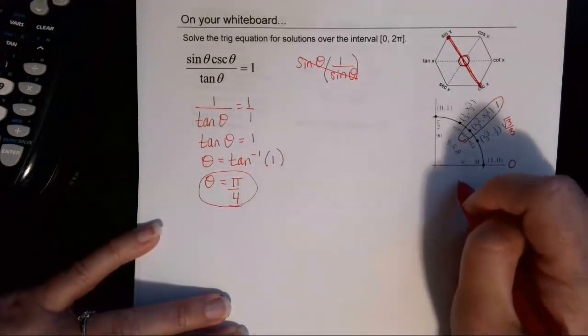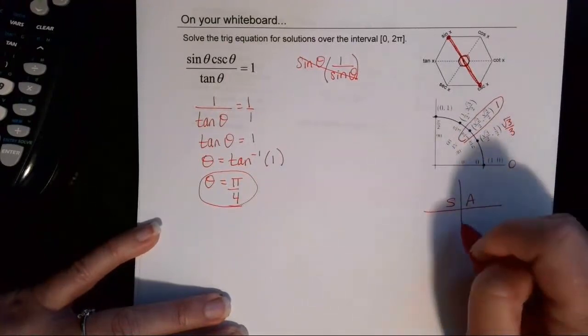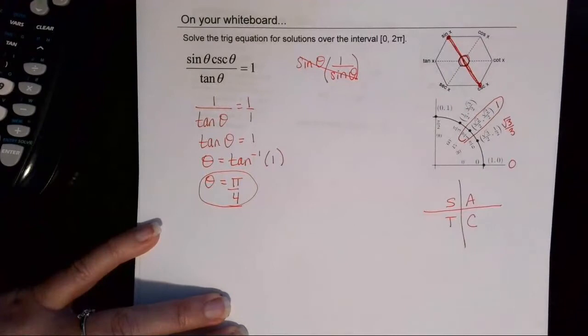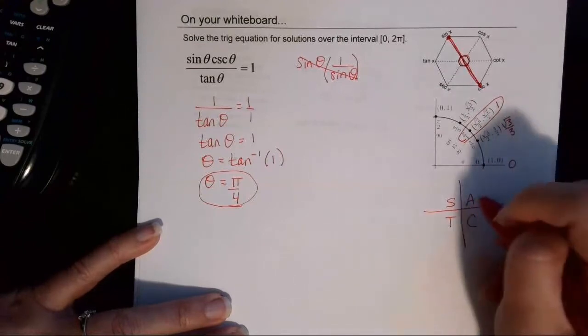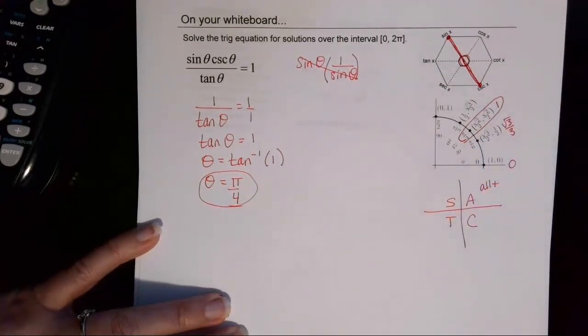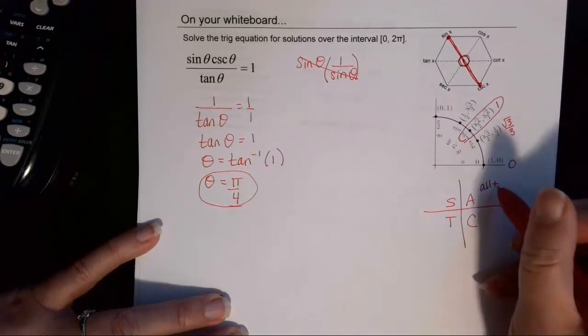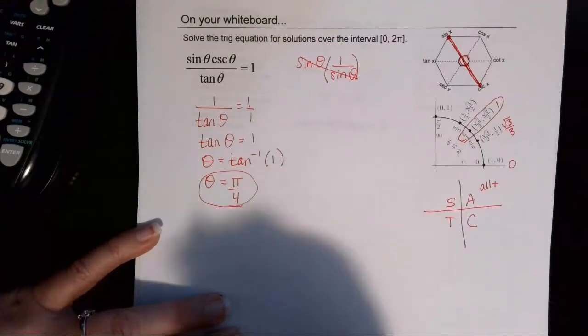Now we need to recall that all students take calculus. That was the acronym for remembering what trig functions are positive in which quadrants. So A means that all 6, sine, cosine, tangent, secant, cosecant, cotangent, all 6 are positive in quadrant 1, and we already found that quadrant 1 answer.